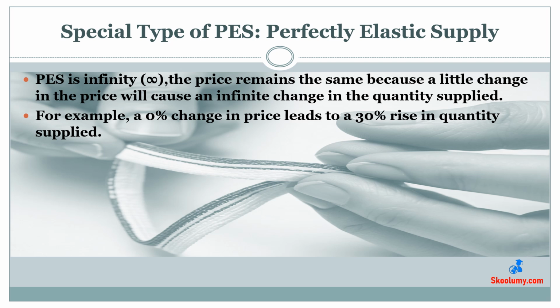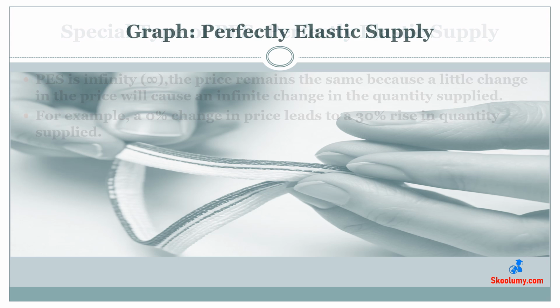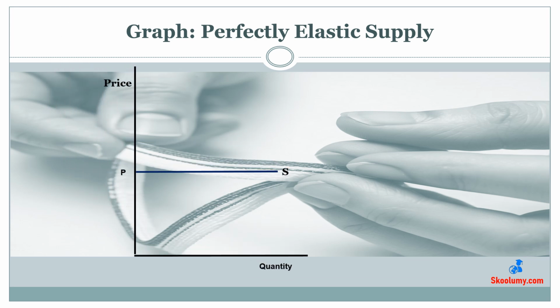The calculator will give an error message when a number is divided by 0. This means it is so much that it cannot be measured. Supply is completely price responsive, thereby making the price unchanged. This is also referred to as infinitely elastic supply. The graph of this type of supply is a horizontal line. This is the graph of perfectly elastic supply.